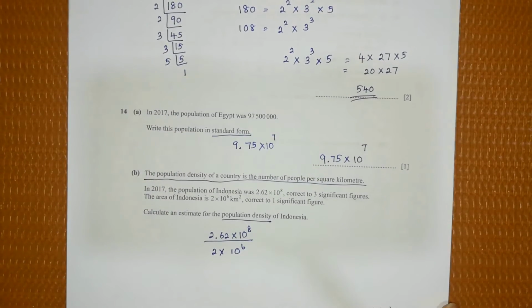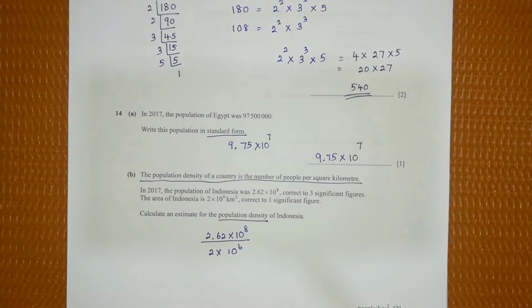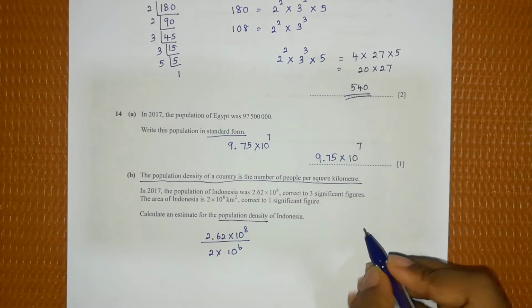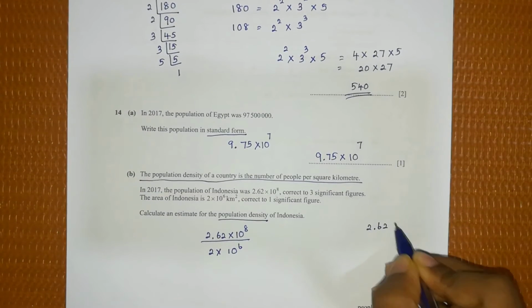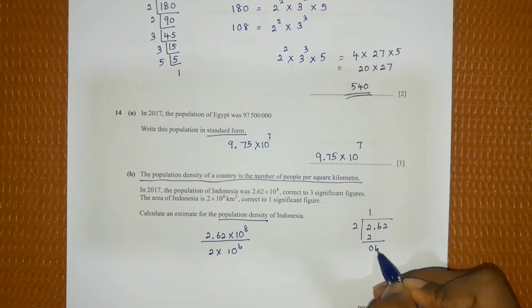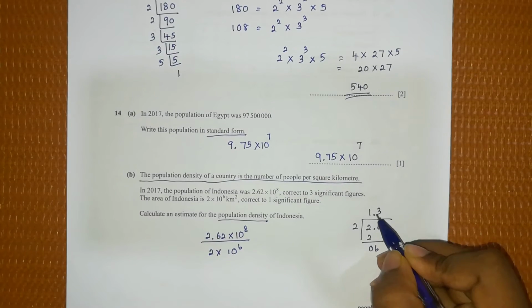So when you have to divide numbers in standard form, consider the numbers separately. That means 2.62 divided by 2. Here you have to keep the decimal place.